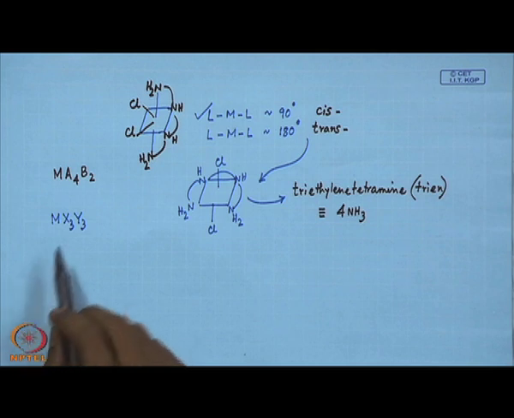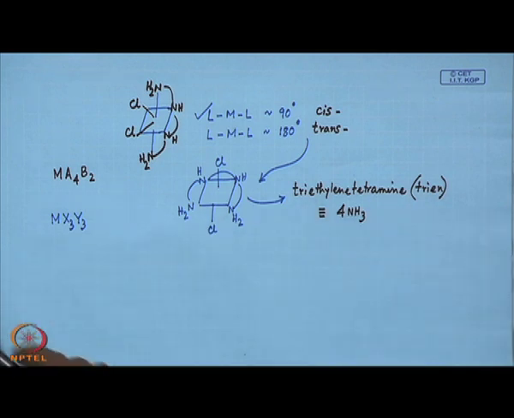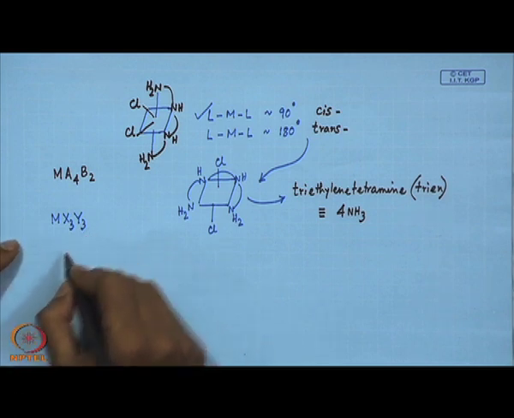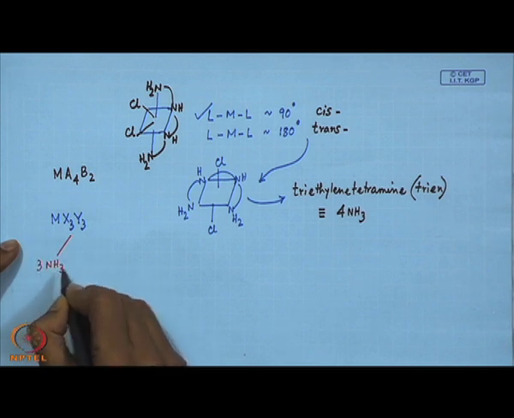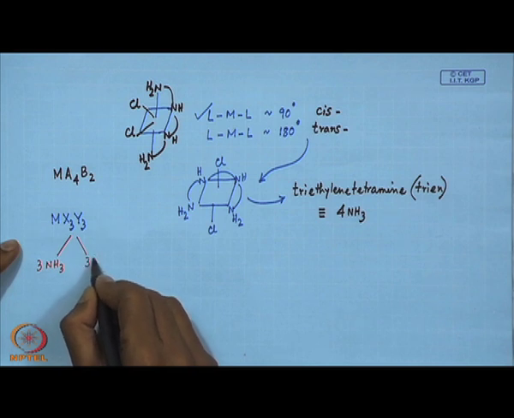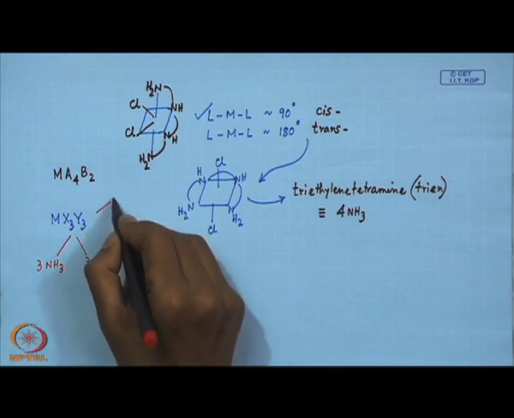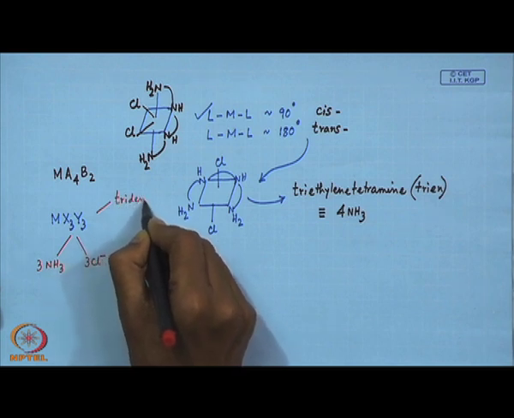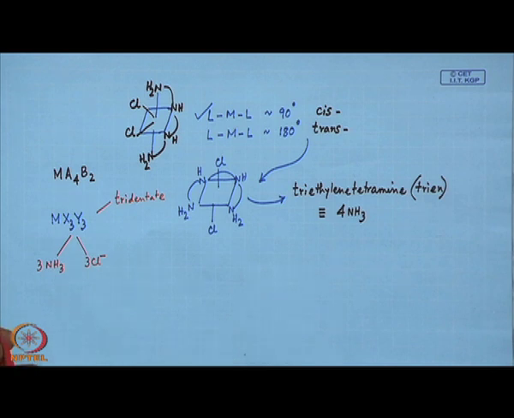Now, we see that in this particular case, when we have X and Y, both of them are 3, that means either we can talk about 3 NH3 and 3 chloride groups, or we can have a situation where one is the corresponding tridentate ligand.